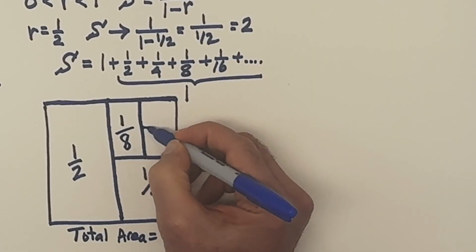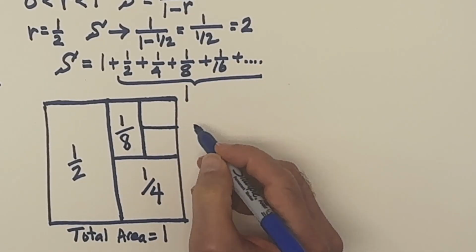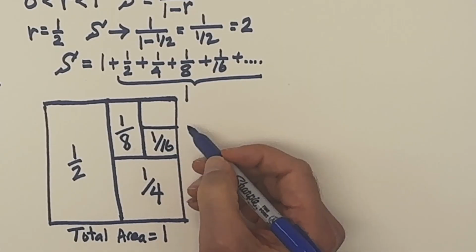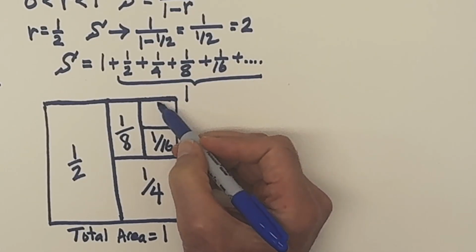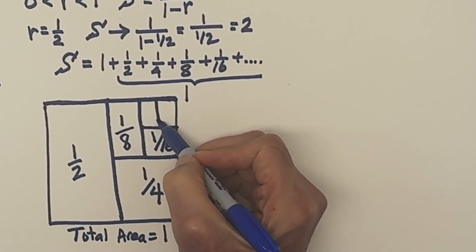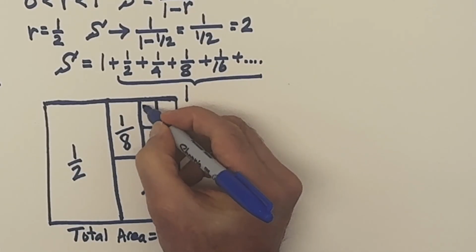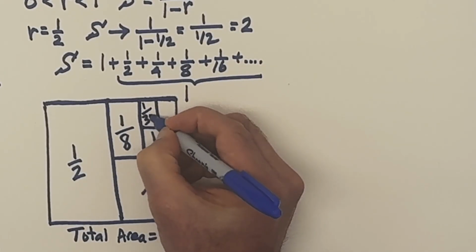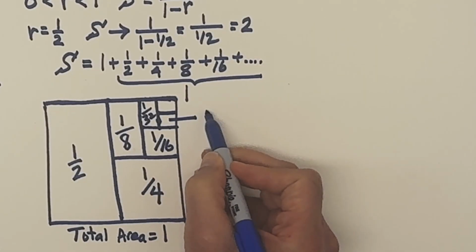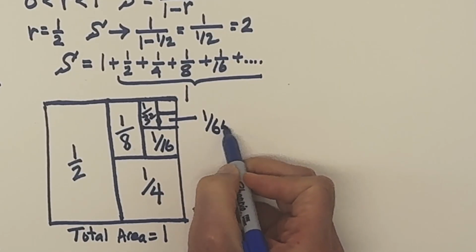Then I'll divide this one. I'm alternating in vertical versus horizontal. This would be 1/16. And then if I come up in here, I would go like that, and that would be 1 over 32. Then if I slice this way, I'd have 1 over 64.